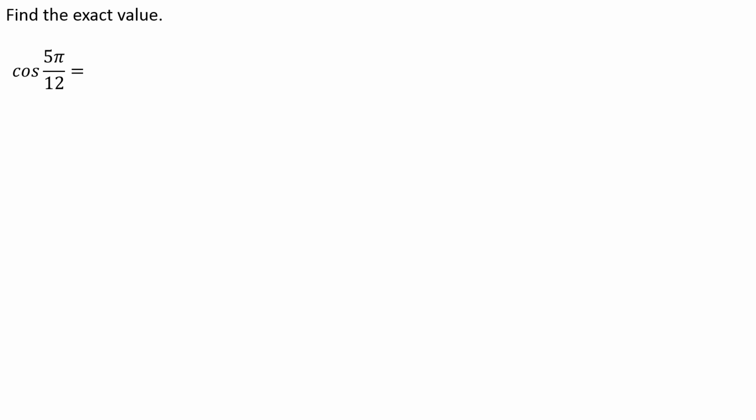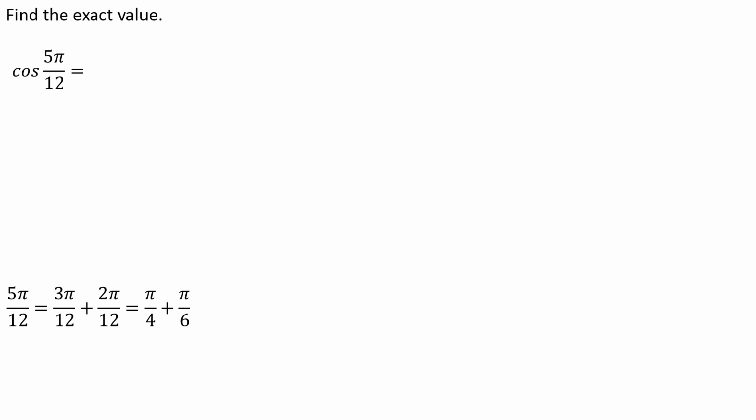What can I do with 5 pi over 12? Well, I know 5 is 3 plus 2. So how about 3 pi over 12 plus 2 pi over 12? That adds up to 5 pi over 12. Of course, each of those fractions will reduce.